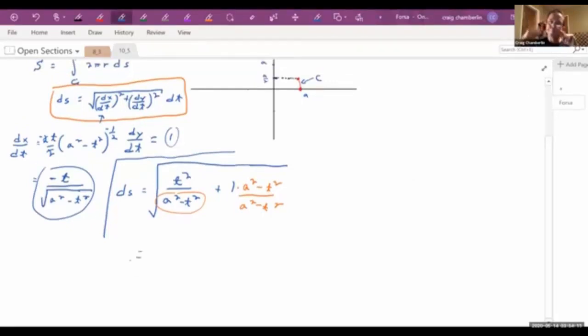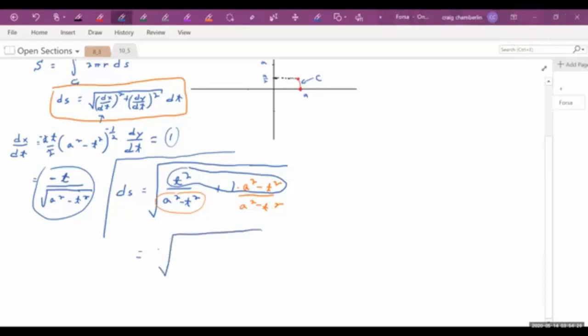So now look, the denominators are the same. If we keep the denominator and add the numerator, what's going to be left up top in that numerator underneath the radical? A squared. Just the a squared, because the t squareds will cancel. And then you'll have what? A squared minus t squared in the denominator. Everybody buy that?